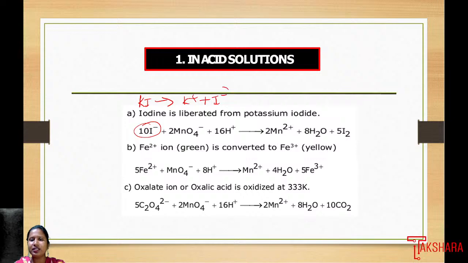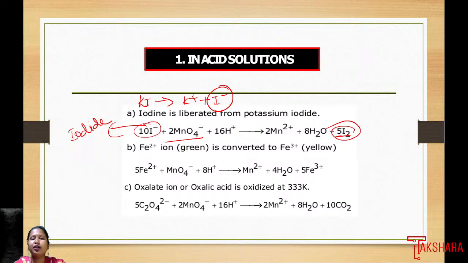Here KMnO4 acts as an oxidizing agent and oxidizes the iodide I minus to the iodine molecule. In potassium permanganate, MnO4 minus acts as the oxidizing agent.